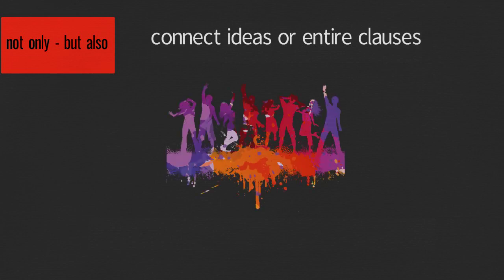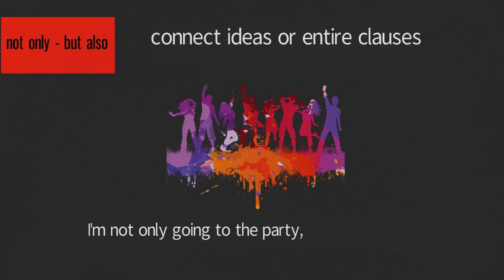Finally, we are at the last pair, which is not only, but also. This correlative conjunction pair is used to connect ideas or entire clauses. As per the given example, I'm not only going to the party, but also hosting it.